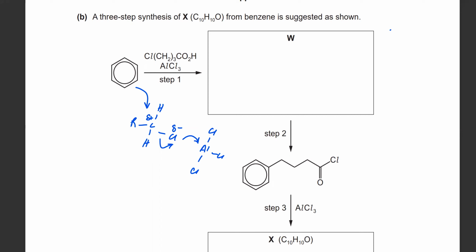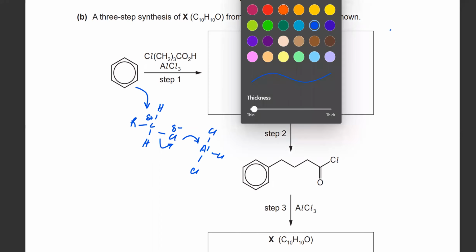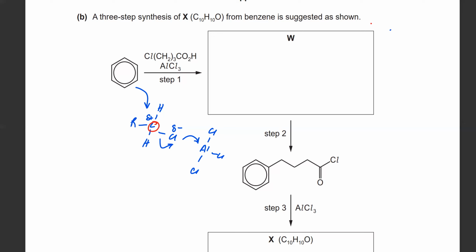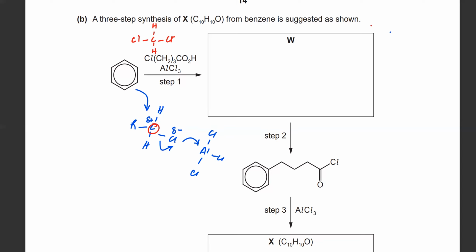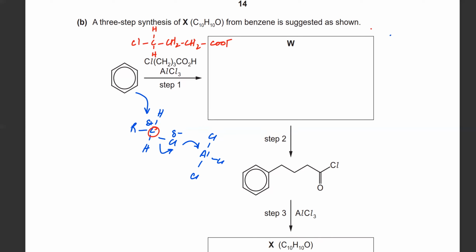It's always the carbon that's bonded to Cl that's going to get attached to the benzene because that's the one that's polar. So if you look at this molecule, it's Cl with CH2, and then it's got two more CH2s, and then there is a COOH. So remember, it's this carbon atom that would be attracted to the benzene.